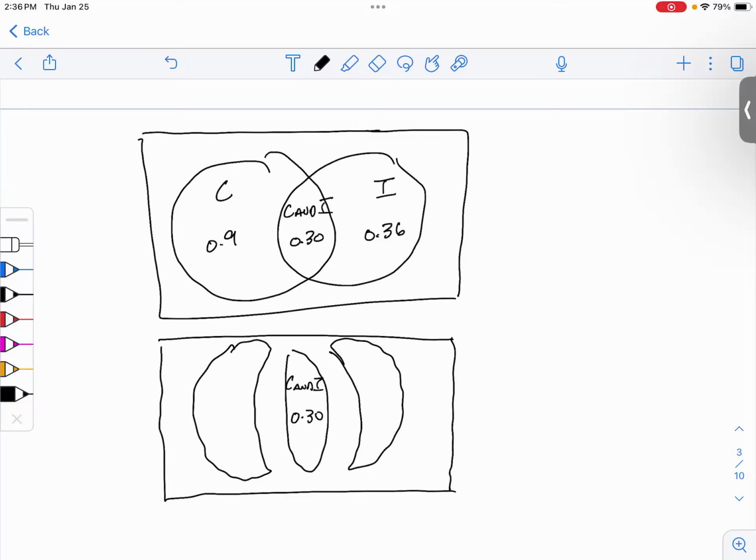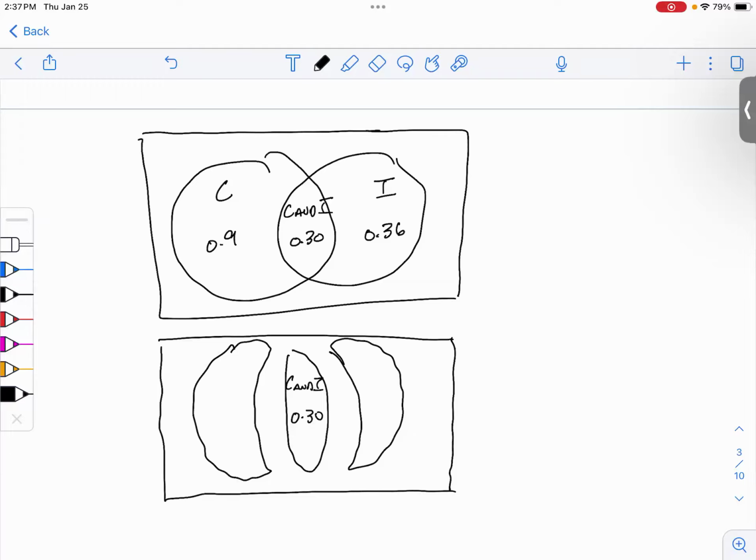But now I want to look at just these other half moons on the outside. And if I'm looking at only this part, getting rid of the people who have both a cell phone and an iPod, in words, who are these people? These are people who have what? Only cell phones. Only a cell phone.